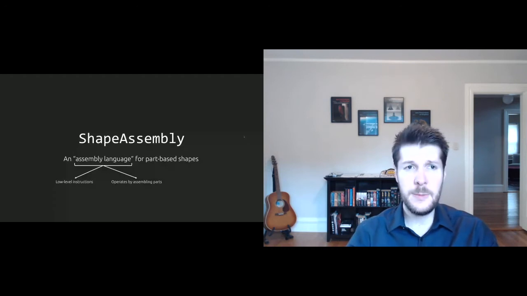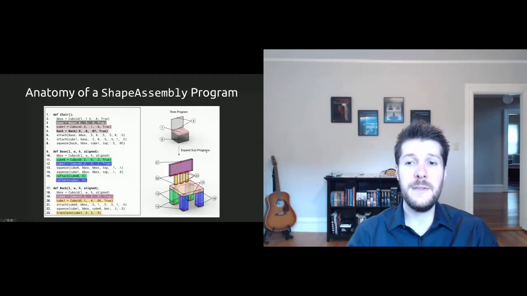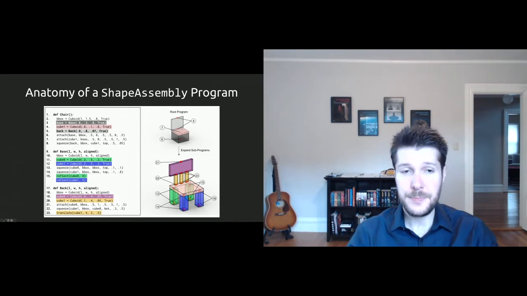So we can look at what the anatomy of one of these programs looks like, and essentially it's a hierarchical program. At the root we have a set of boxes that are connected together. Here I use operators like cuboid to declare these boxes, and operators like attach, which specify how these cubes are attached together, and these little red dots are showing where the attachment points actually occur.